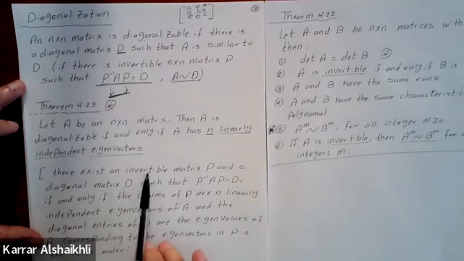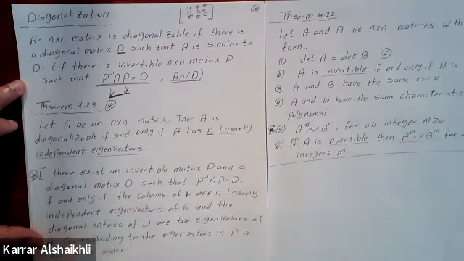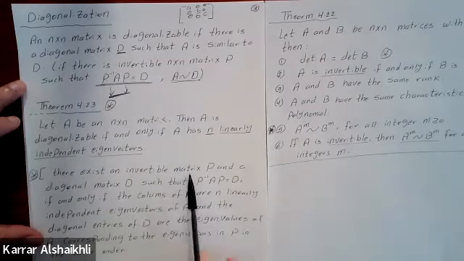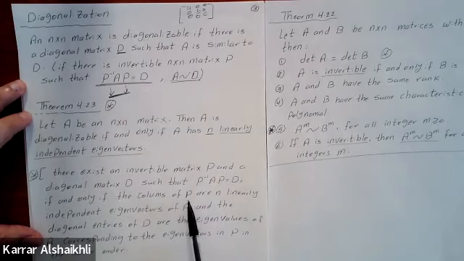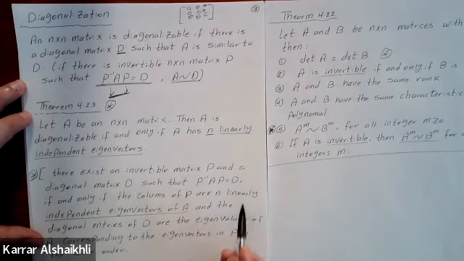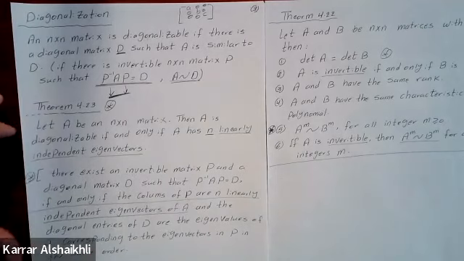There exists an invertible matrix P. This is the important part. There exists an invertible matrix P and a diagonal matrix D such that P inverse A times P equals D if and only if the columns of P are n linearly independent eigenvectors of A. So they're telling you P is what?